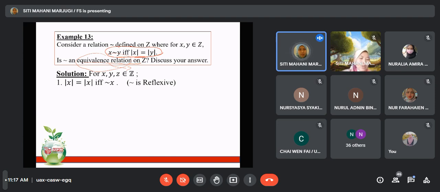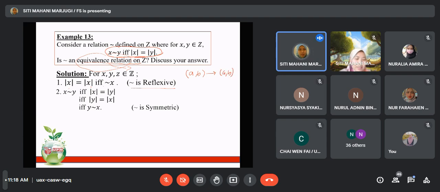Okay. So you take just norm X equal to norm X, if X tilde X. Okay, maksudnya we can substitute Y with X here. So the tilde is reflexive. Just show that je. Sebab kita tahu bahawa AA will be AA also.